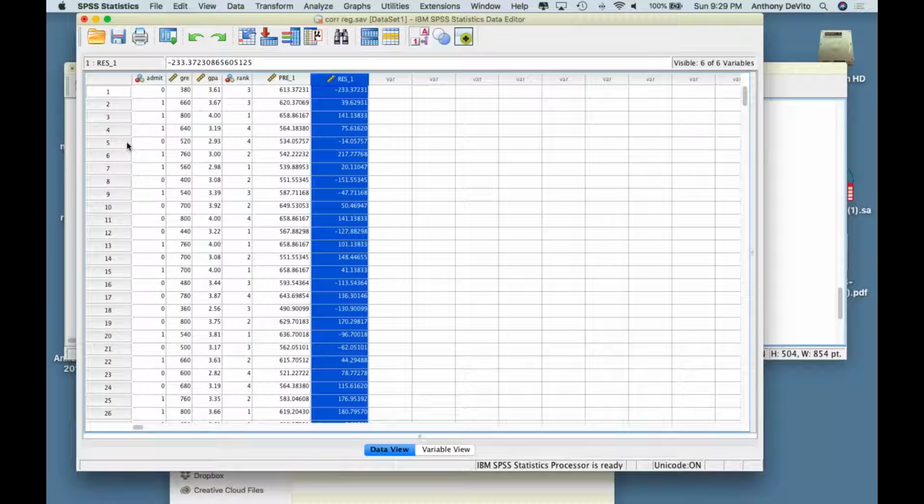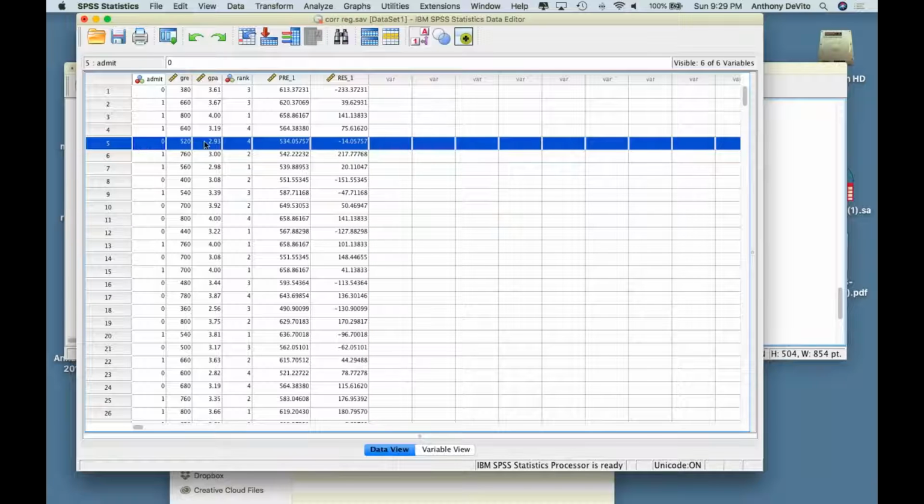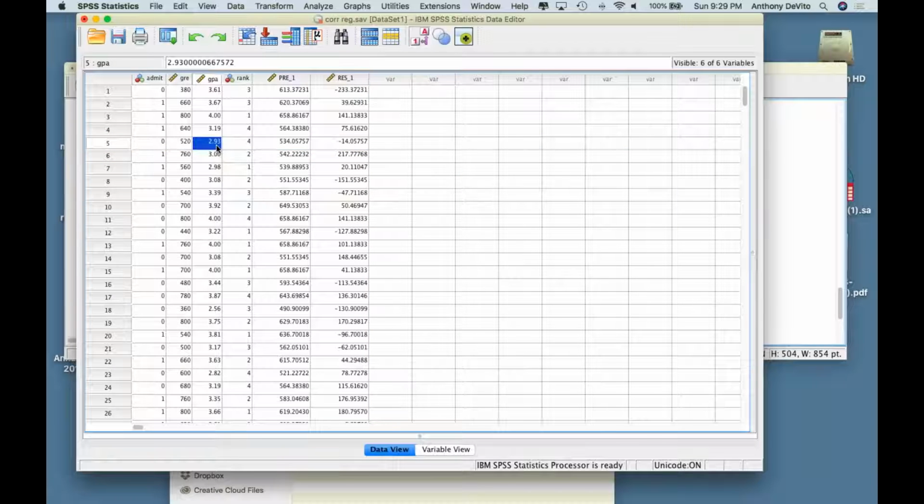So, for instance, for this person, number 5, their grade point average was 2.93. Our formula predicted, it actually figures this out. You could do this manually by hand. Our formula tells us that the predicted value for that person's GRE score, based on the formula, is 534.